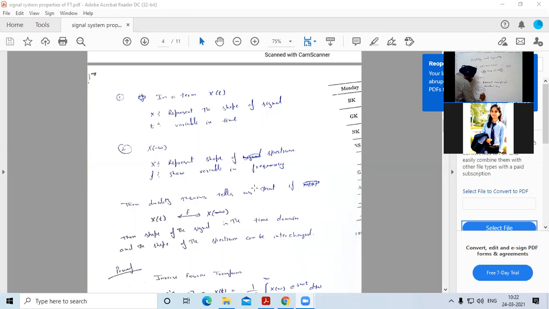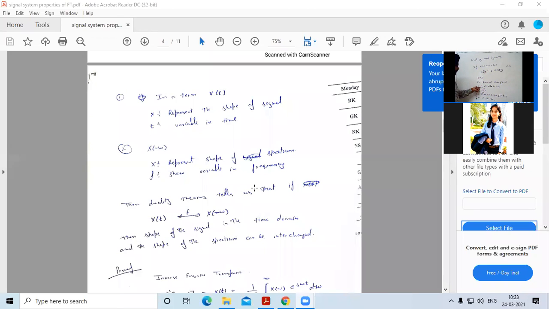This is representing the shape of the frequency spectrum, means how your frequency spectrum is looking. And what does f represent? F is representing the variable in the frequency. This is the variable in frequency, which represents frequency basically.